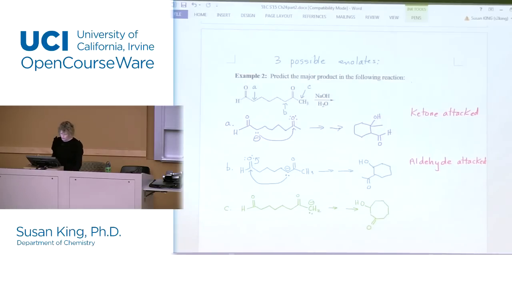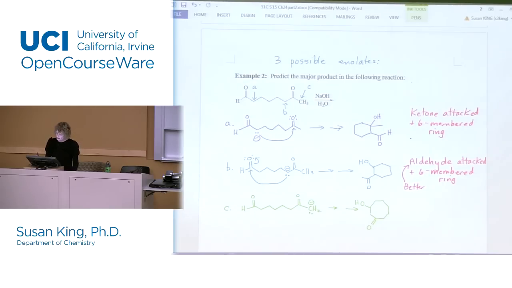Aldehyde being attacked. Okay, so this is ketone attack plus a 6-membered ring. This is aldehyde attacked plus a 6-membered ring. And so aldehyde's better. So this one's going to be better.